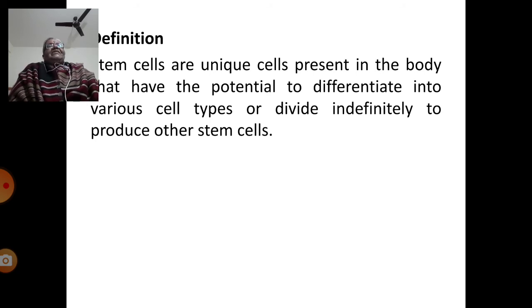This is the definition of stem cells. They are unique cells present in the body that have the potential to differentiate into various cell types, or they divide indefinitely to produce other stem cells.